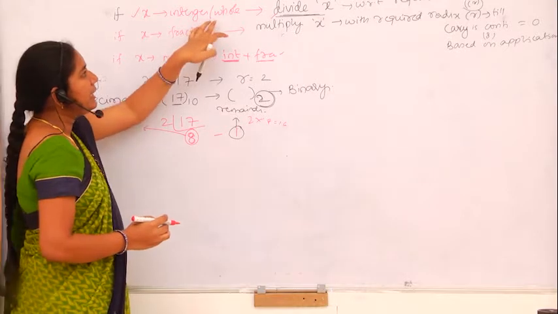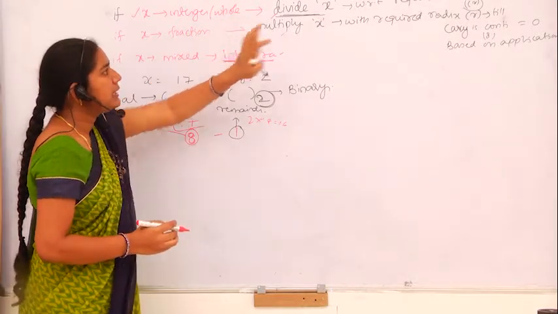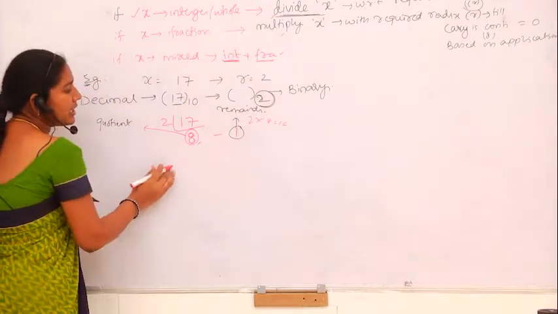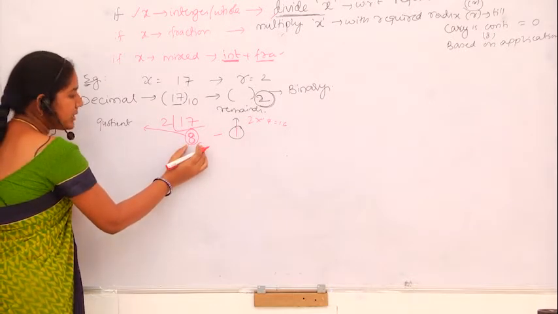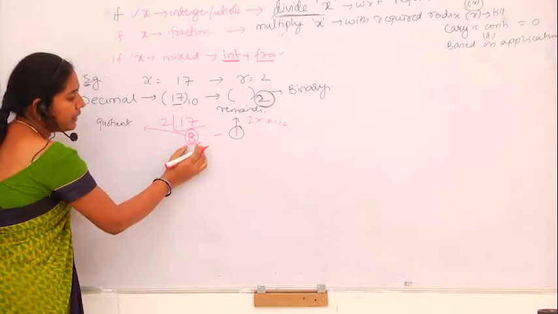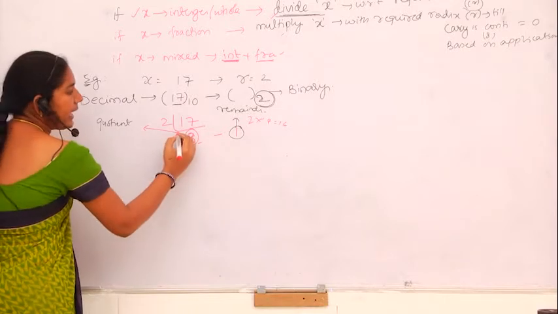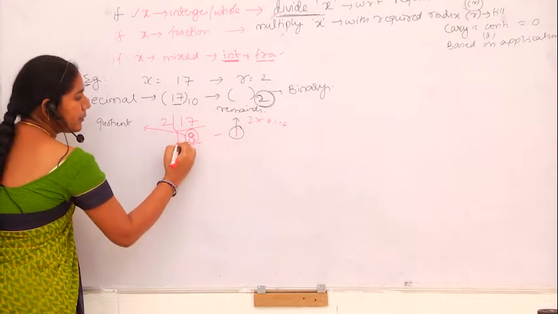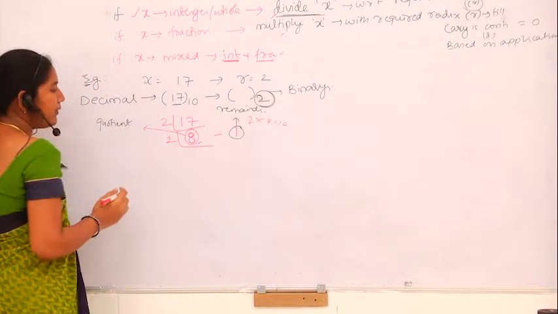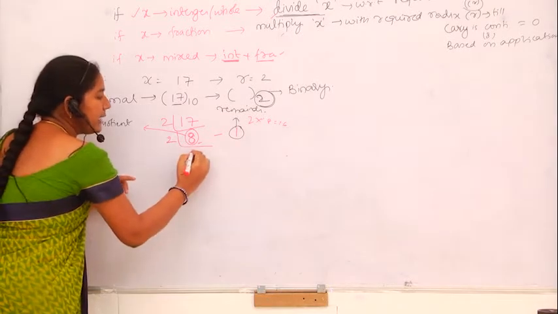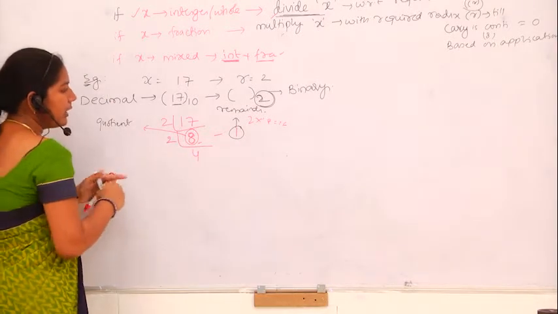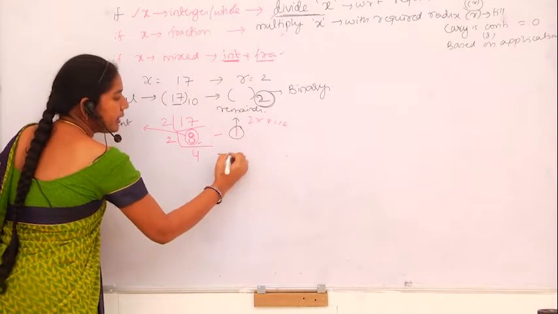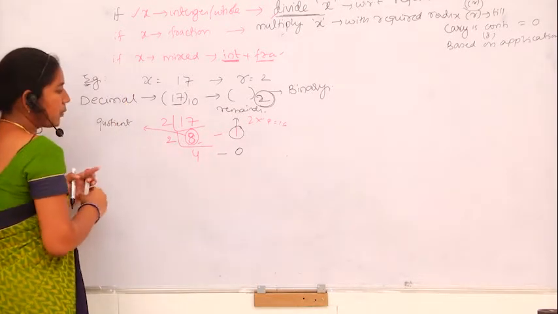Because we need to do this division till quotient is 0, so I have to consider the quotient part for further division. Again divide this 8 with 2. Then 2 4s are 8, so quotient is 4 and remainder is 0.